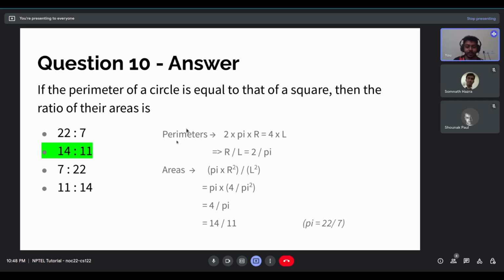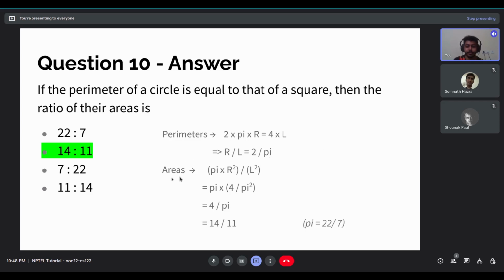The perimeter of a circle is 2 pi into the radius, whereas the perimeter of a square is 4 into the length of the square. Moving the terms from this side to this side, we have the radius by the length equals 2 divided by pi.